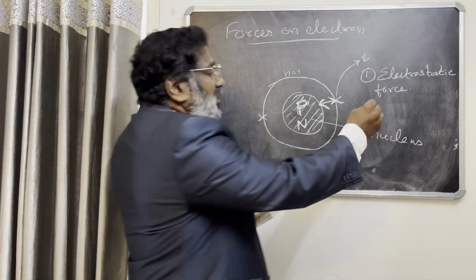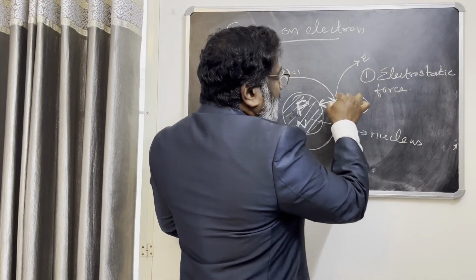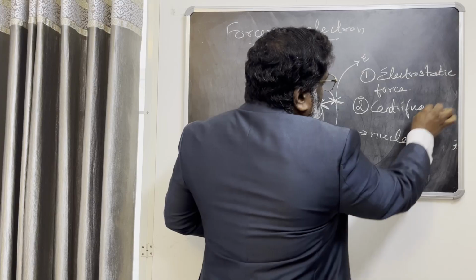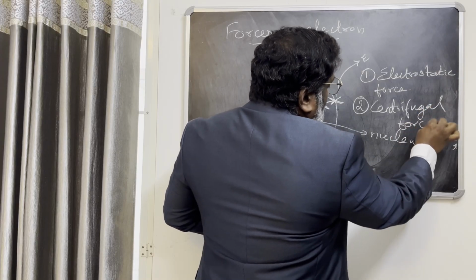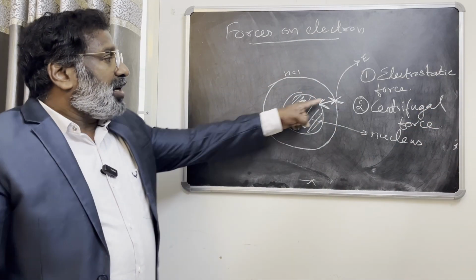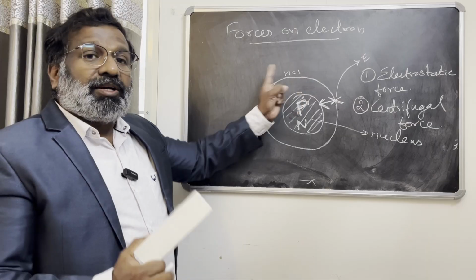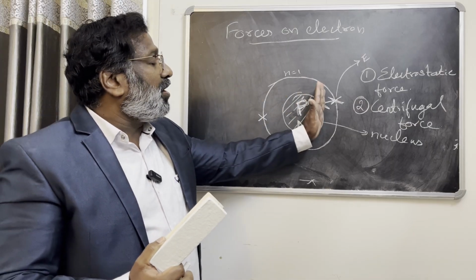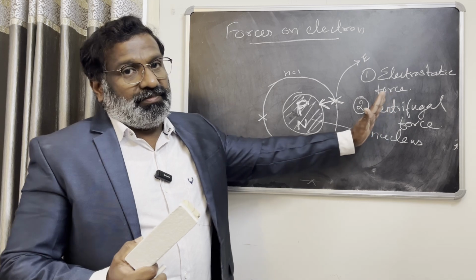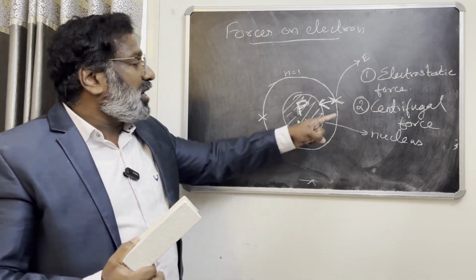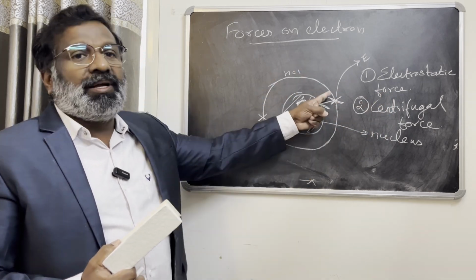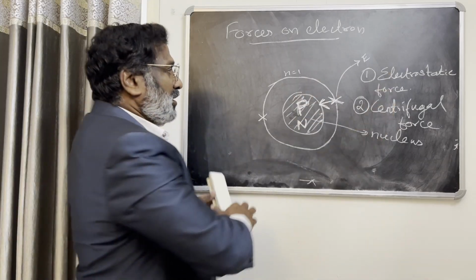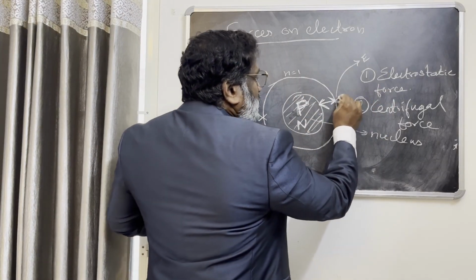And the second force acting on the electron is the centrifugal force. As the electrons are moving in the orbit, there is another force pushing the electron away from the nucleus. So there is an outward force.